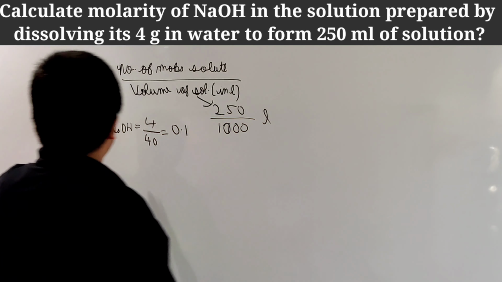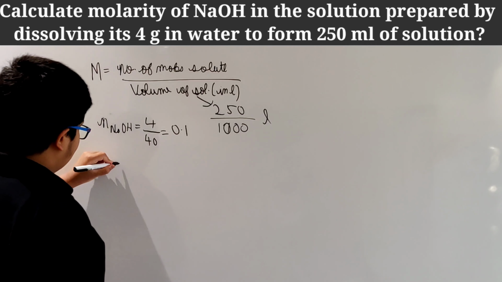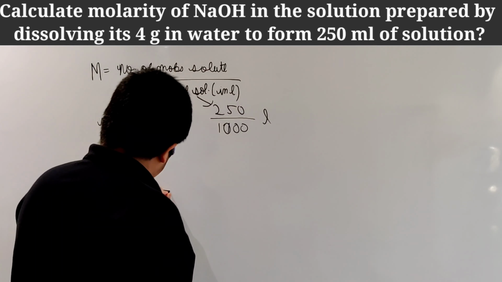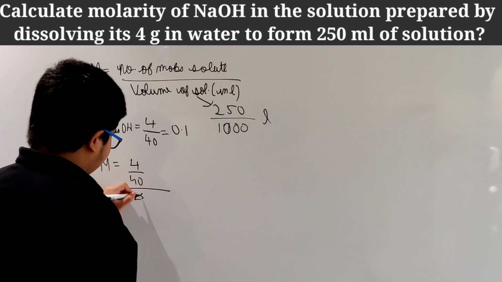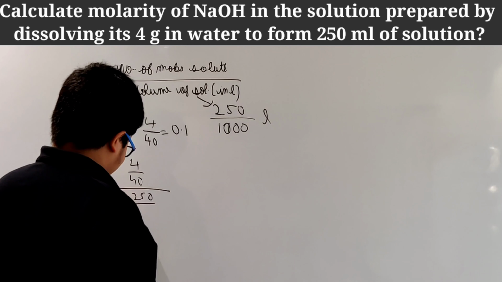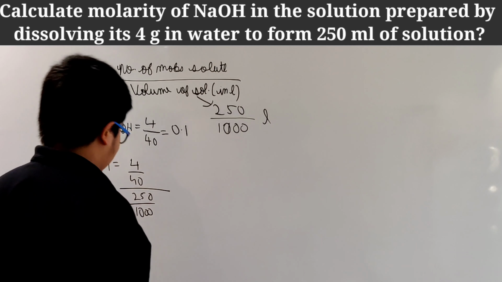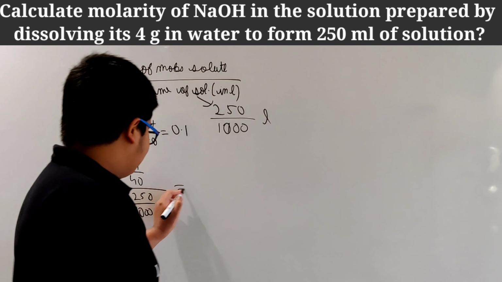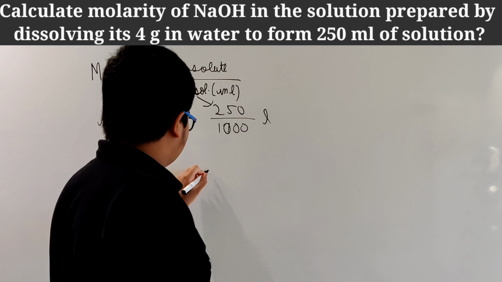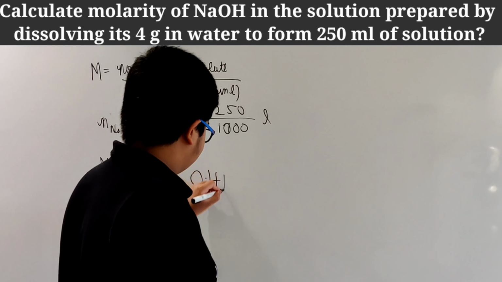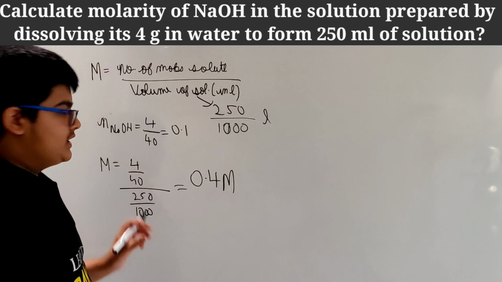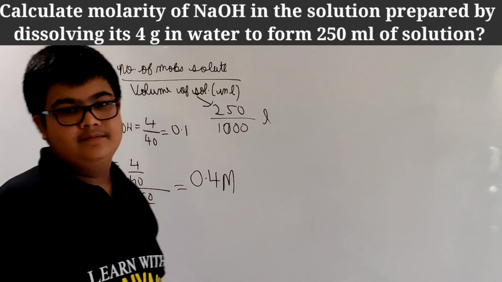So basically now the final molarity will be equal to 4 upon 40, that is number of moles of NaOH, divided by 250 upon 1000. Now you just need to do the calculations and you will get the final answer as 0.4 molar. So molarity of NaOH is 0.4.